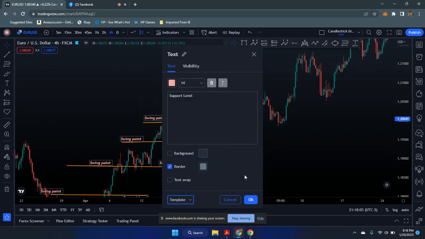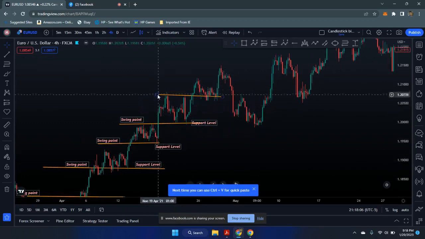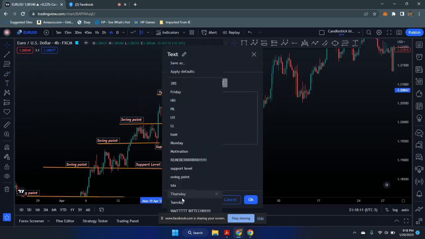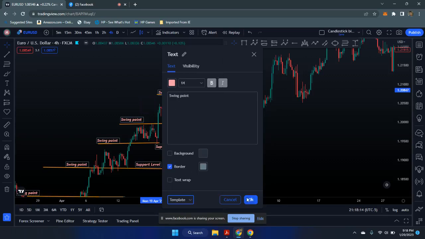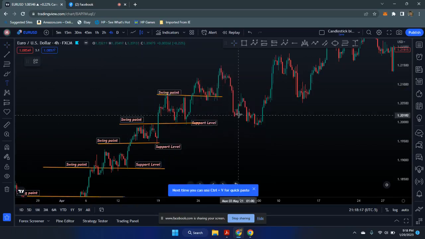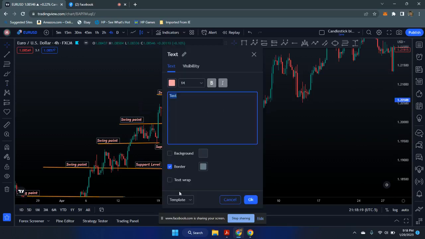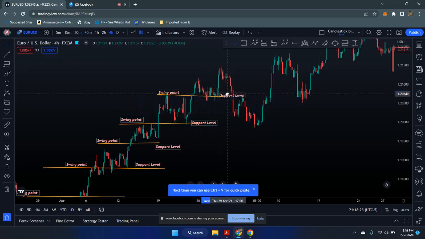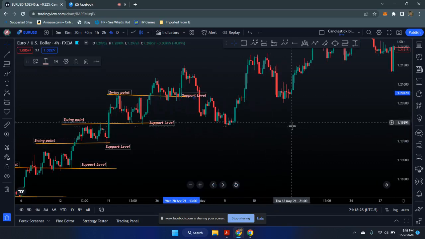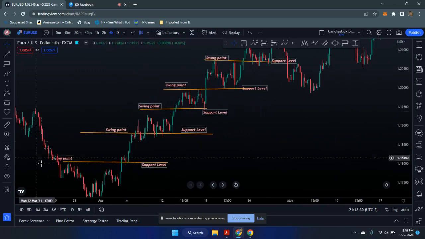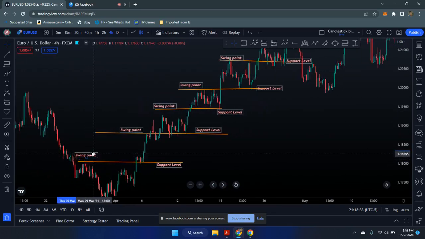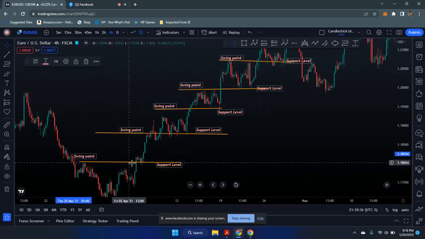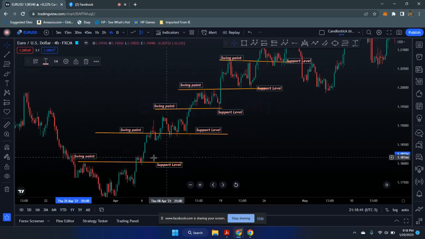Swing point. Support level. Yeah, I like that.